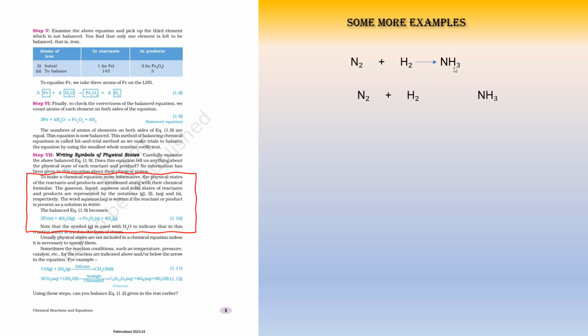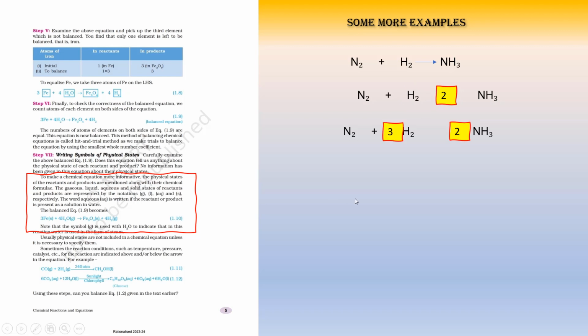So what should I do? Let's try putting a 2 on the right. What happens now is N gets multiplied twice, which gets balanced here. But if you do so, you have to remember that hydrogen becomes 3 multiplied by 2, that is 6. And how much is this? This is only 2. So what should you do for that?